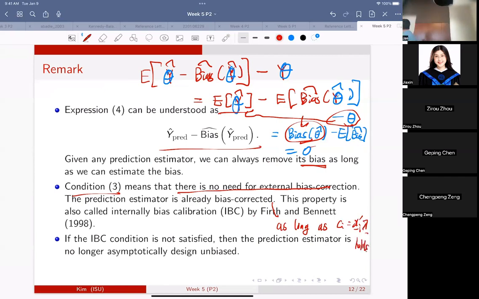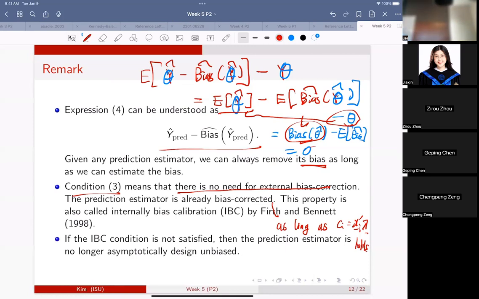So if, when I construct the regression estimator, I can use X to include my Ci, then I'm good. That means the residual is 0, so the bias correction term is 0, and it is automatically bias corrected.